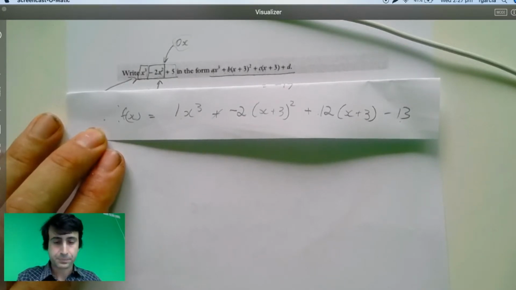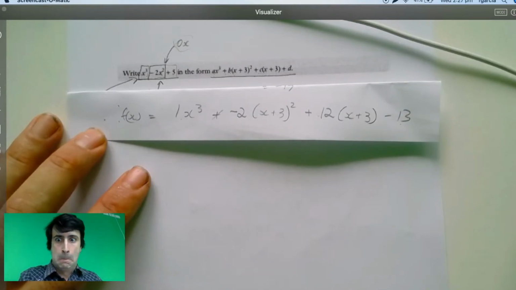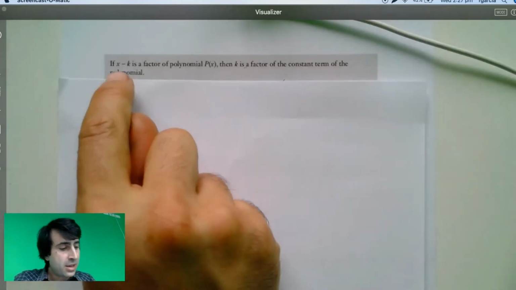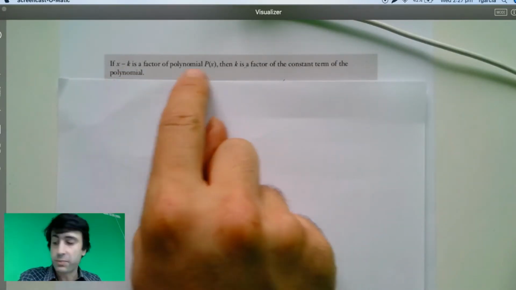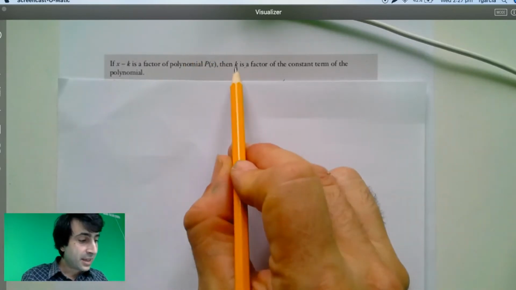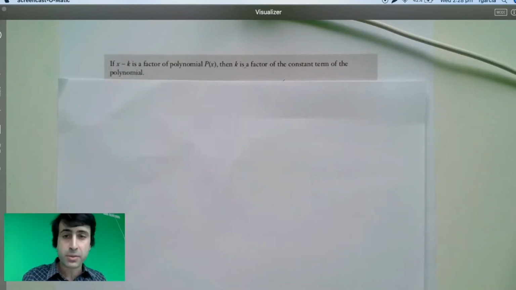But anyway, we've still got one thing to do. Now the final rule we're dealing with, we've done a lot this lesson, and this will probably span over 2 lessons, is if x minus k is a factor of polynomial p, then k is a factor of the constant term of the polynomial.